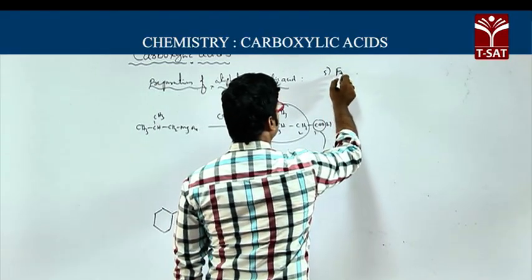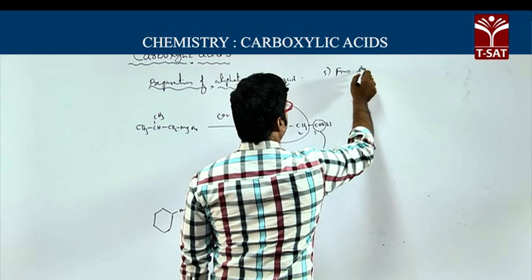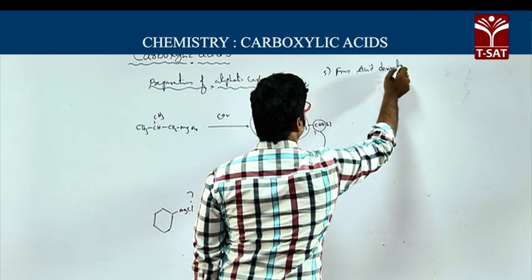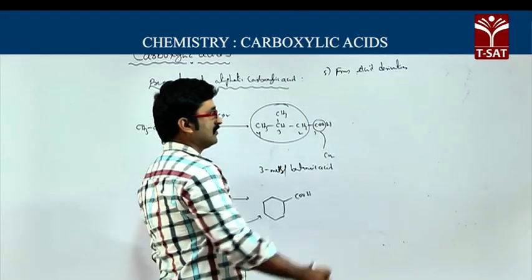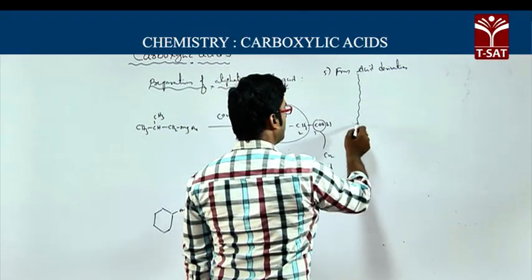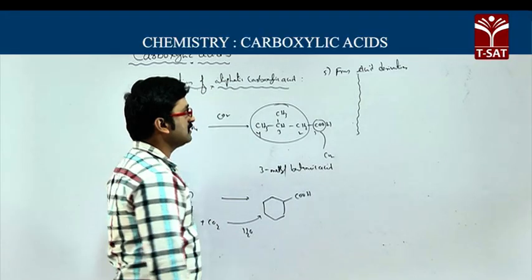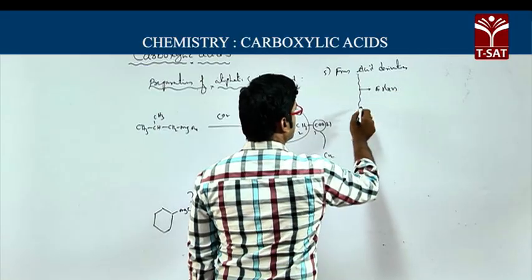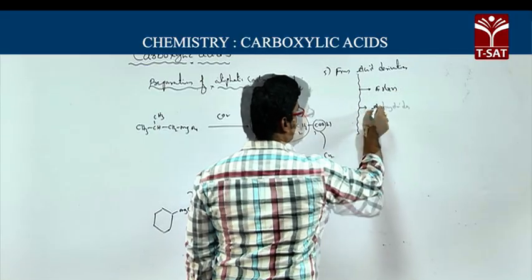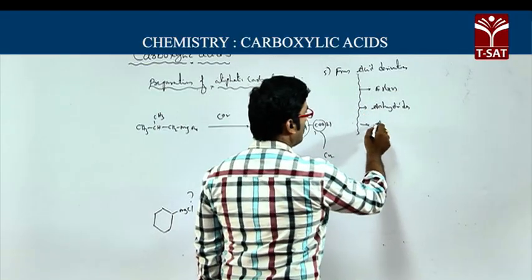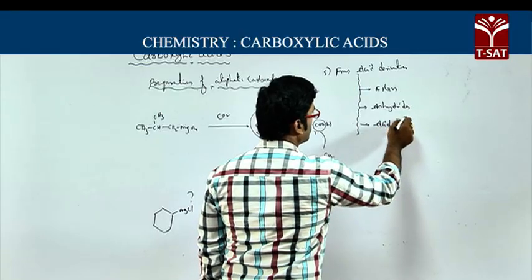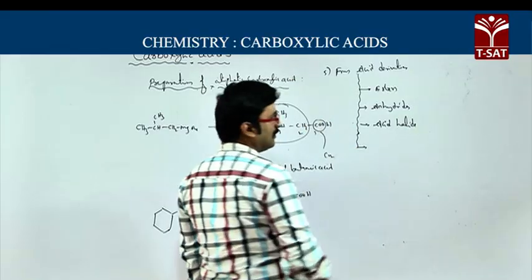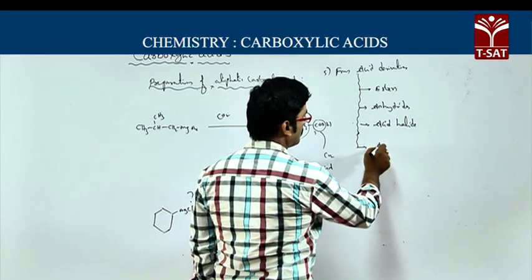Next, we will go for the fifth one, from acid derivatives, from carboxylic acid derivatives. First of all, you should know what acid derivatives are. Acid derivatives are nothing but esters, anhydrides, acid halides, and amides.